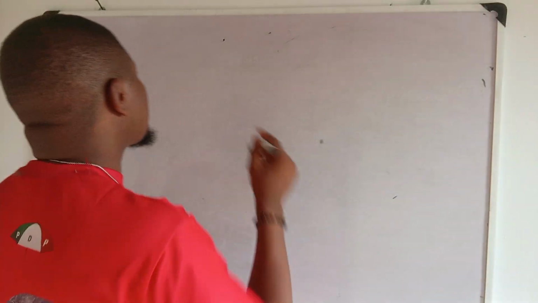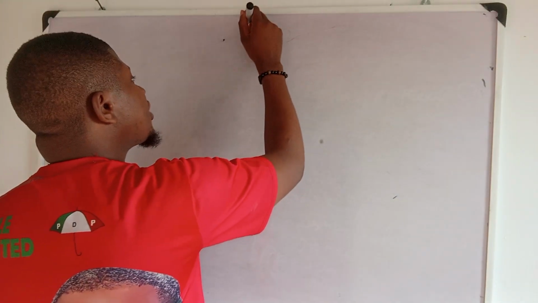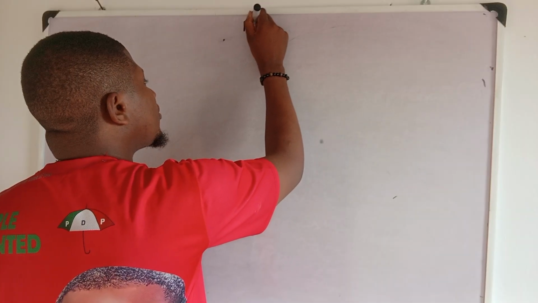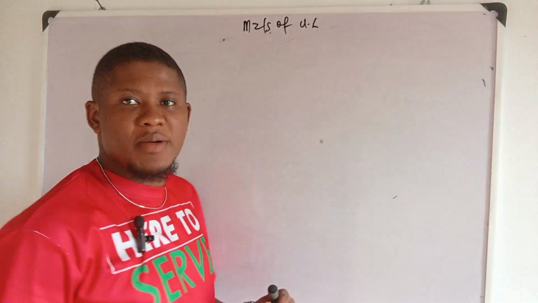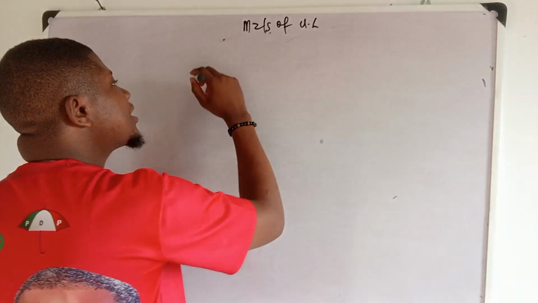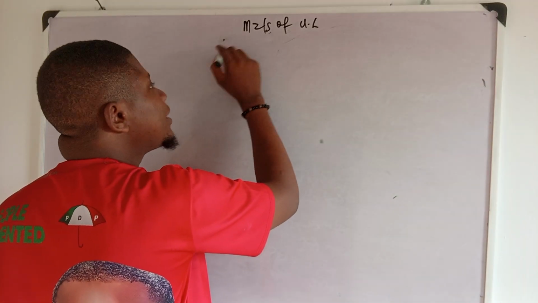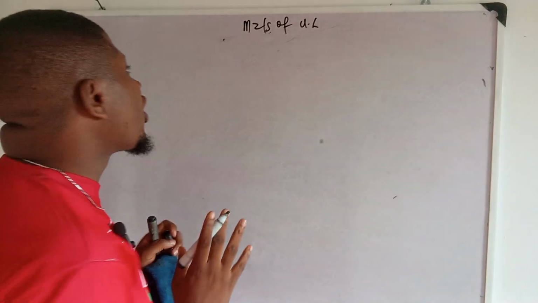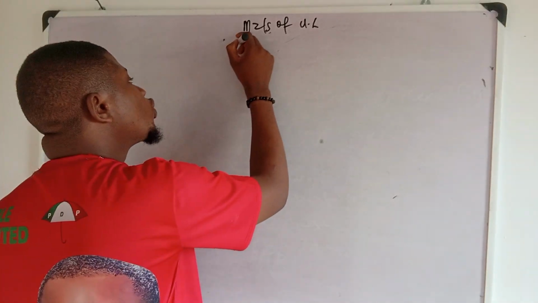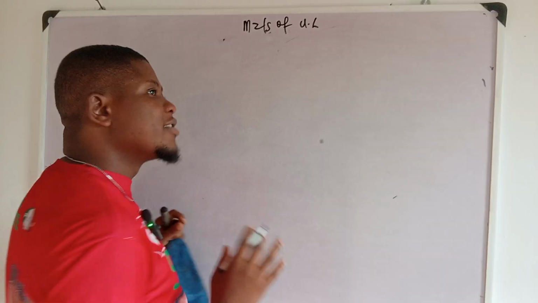Okay, I want us to start the journey of muscles of upper limb. Generally, the upper limb is grouped into five regions.